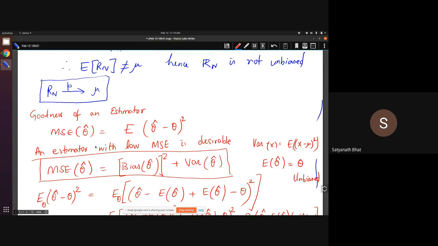If you were to fix a particular n, what is the error that I'm going to see? We saw that it is equal to bias plus variance. Either the error can come because there is a bias in the estimator, or the estimator itself fluctuates a lot, which is the variance. So this is what we saw today.